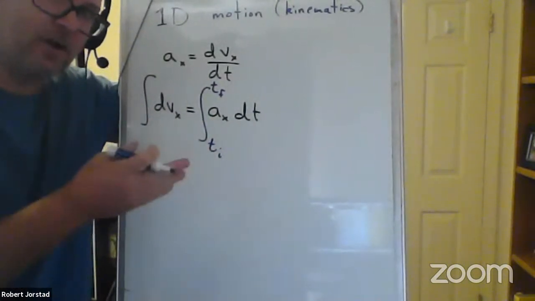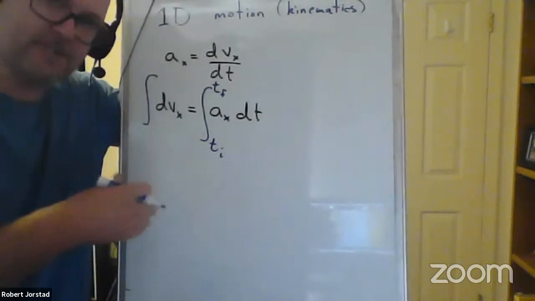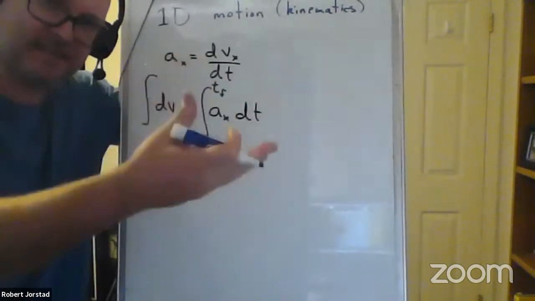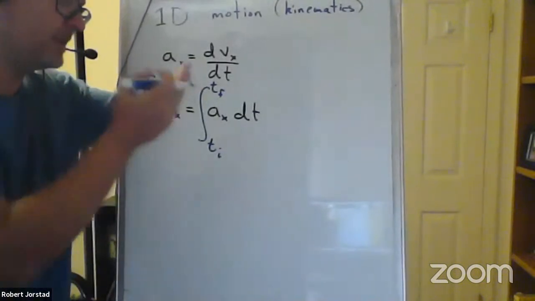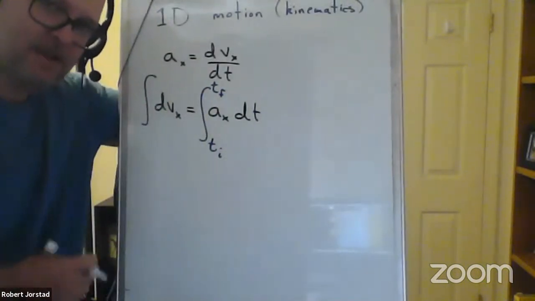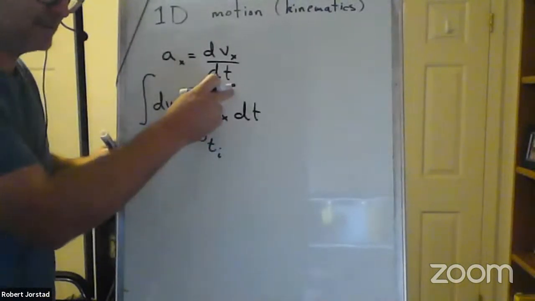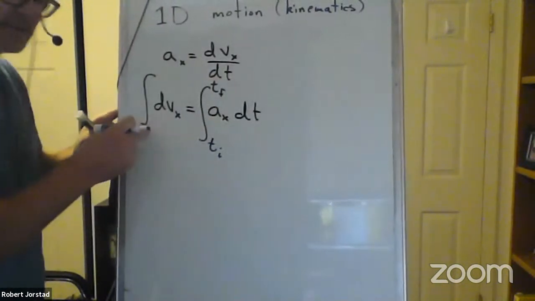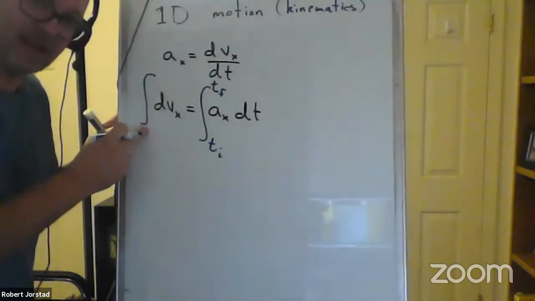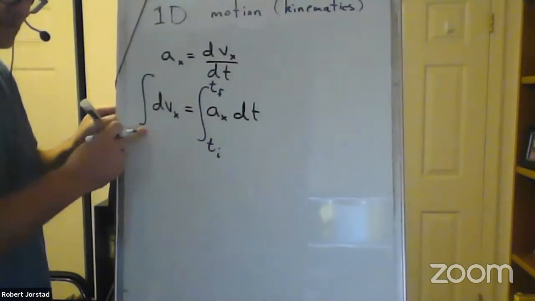Instead of doing an arbitrary indefinite integral where you always get plus c, plus c, plus c in your calculus class, we're going to do a definite integral. Now, if I'm going from the initial time to the final time, over here, I should have limits as well. Otherwise, this sentence doesn't make sense.